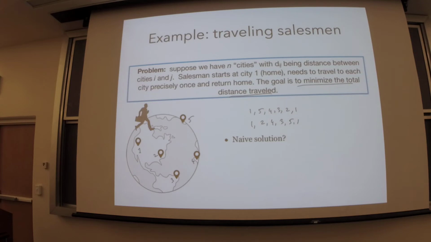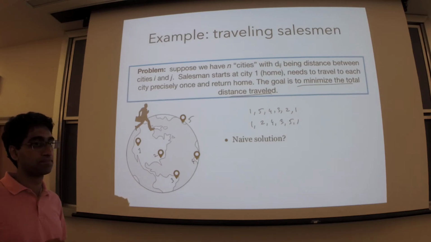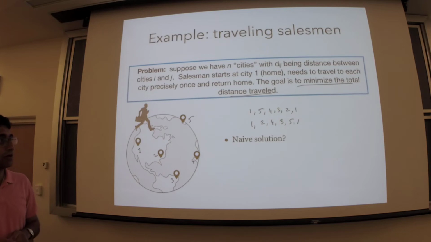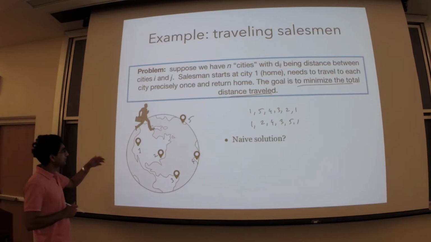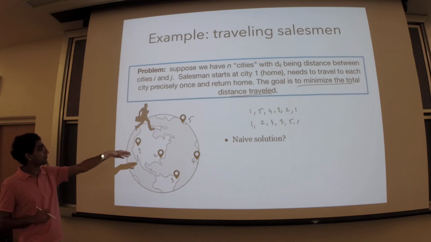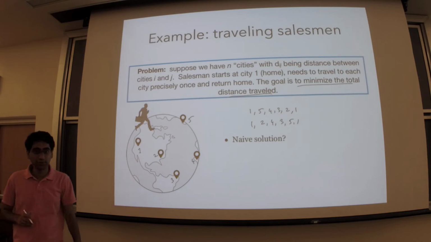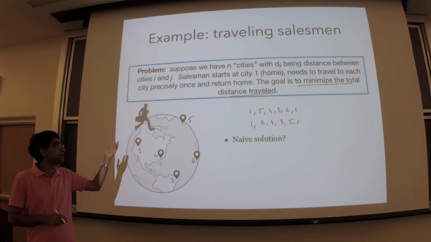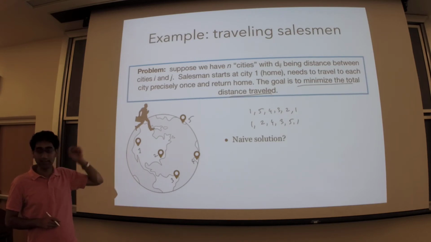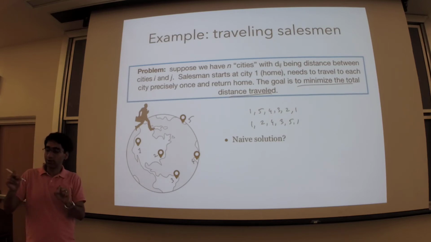Okay, so what is a naive solution to this? Yep. You can try each sequence and then compare and get the minimum one. Right. So the naive thing is just for every permutation of 1 through n. You have to visit every city exactly once, so the order in which you visit the cities is the only thing that matters.